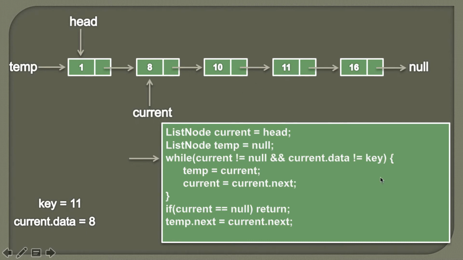Therefore the condition in the while loop comes out to be true. So we'll assign the value of current to temp, and current points to the second node. Therefore temp will point to the second node now. And we'll again traverse current to its next position by assigning current.next to current.